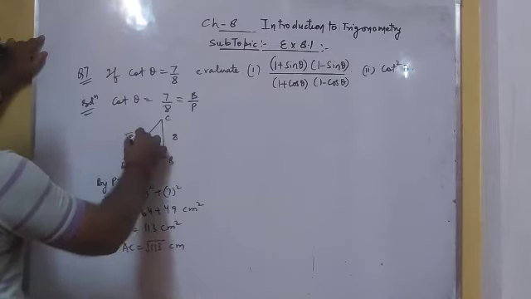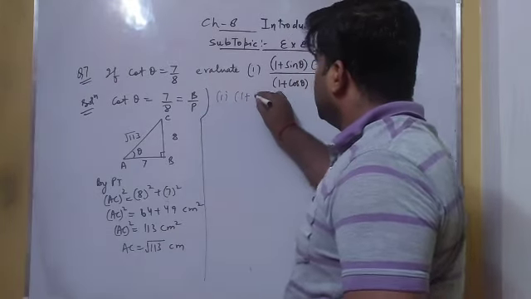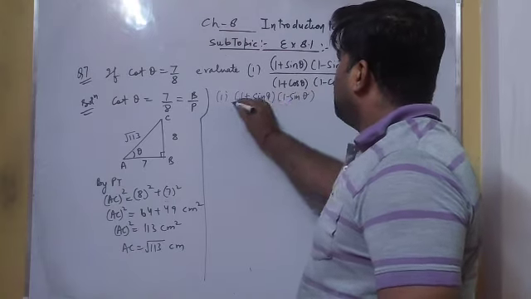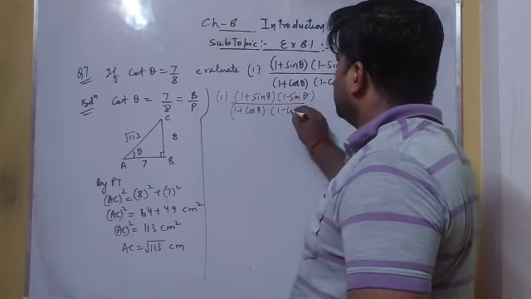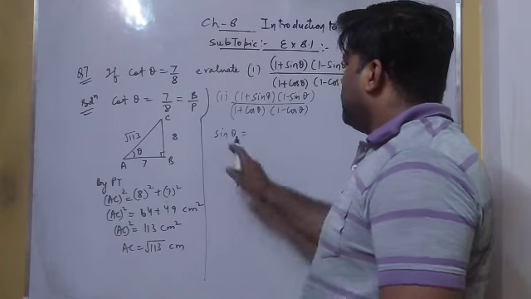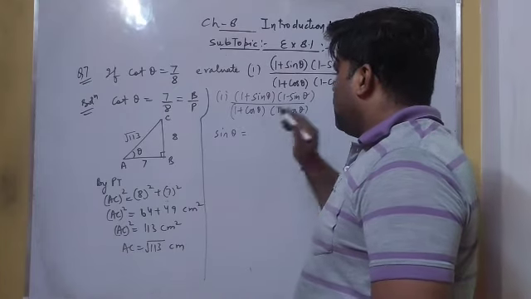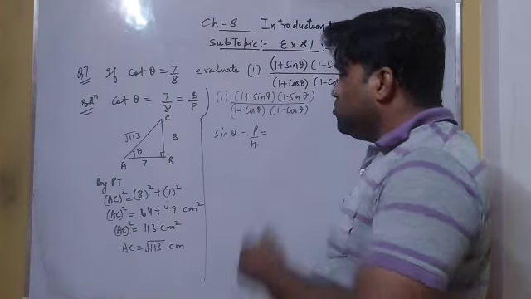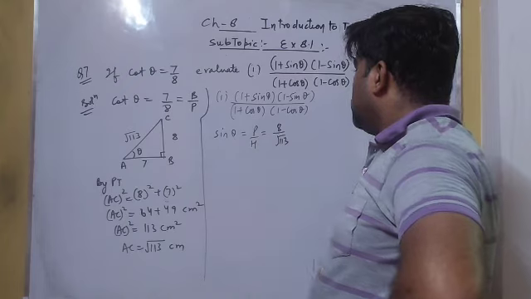As we have to calculate in the first part (1 plus sin theta)(1 minus sin theta) upon (1 plus cos theta)(1 minus cos theta), first of all we calculate sin theta. Sin of angle theta is the ratio of the perpendicular and hypotenuse, so P upon H, which is equal to 8 upon under root 113.